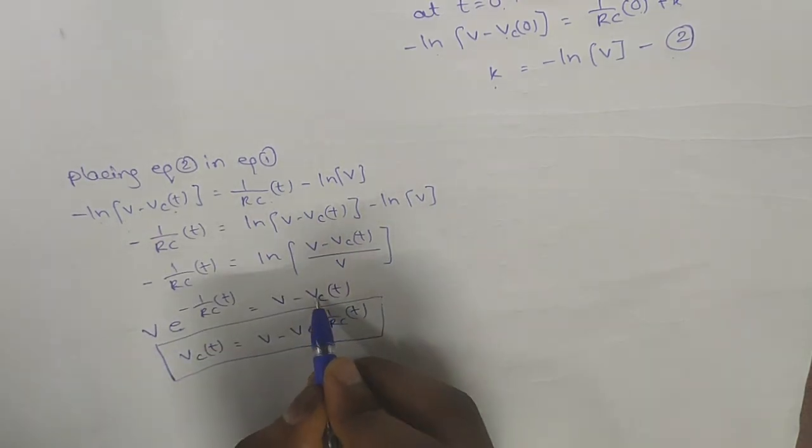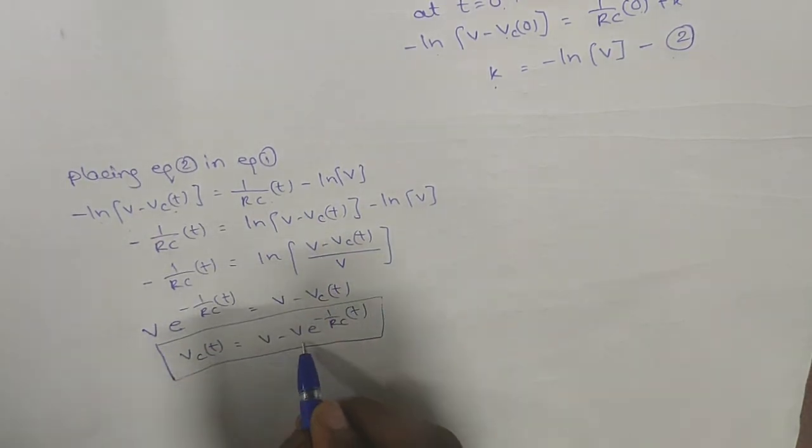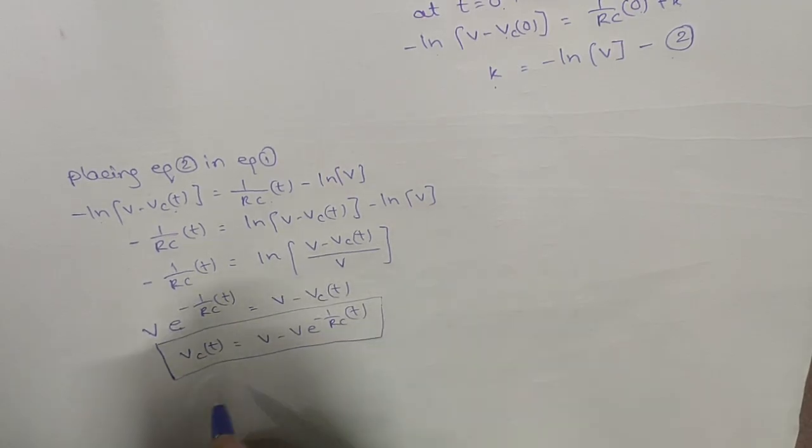At last we got the capacitor voltage as V minus V into e power minus 1 by RC of t.